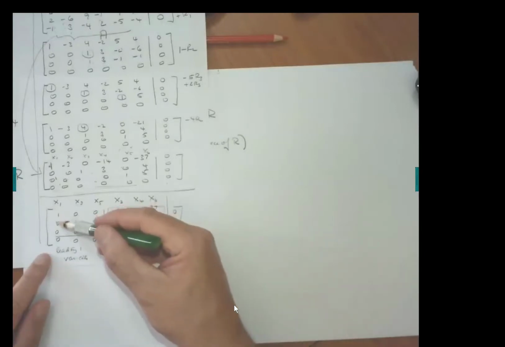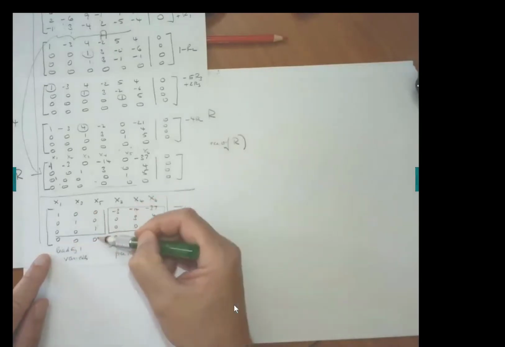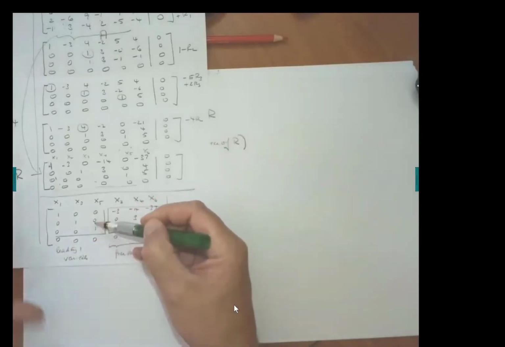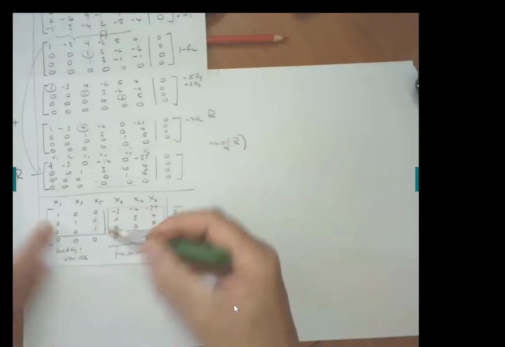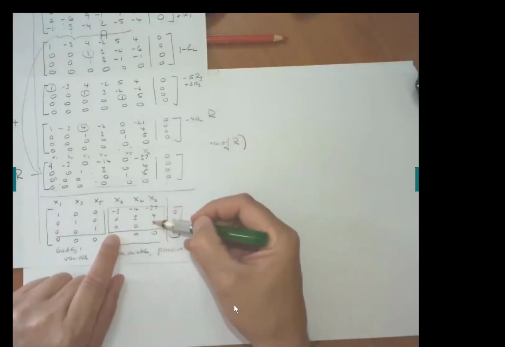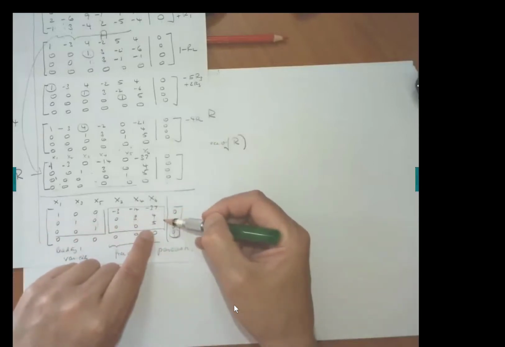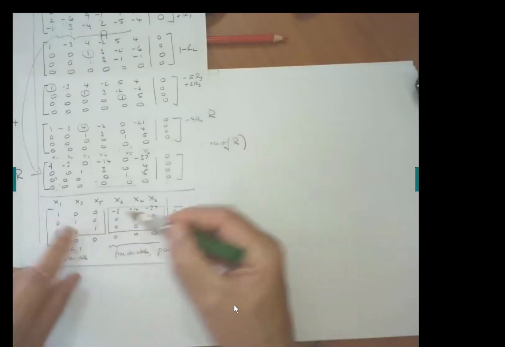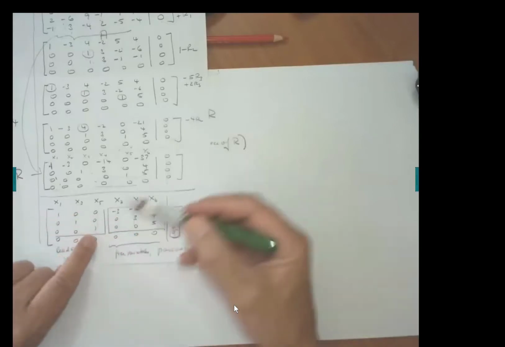We have 1, 0, 0, 0, 1, 0, 0, 0, 1. And the 0 is always on the bottom, but it will not change because these are 3 linearly independent vectors. And obviously, the other vectors can be written as a linear combination of these 3. So the dimension of the column space is equal to the number of leading ones.